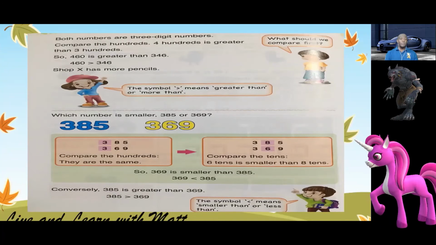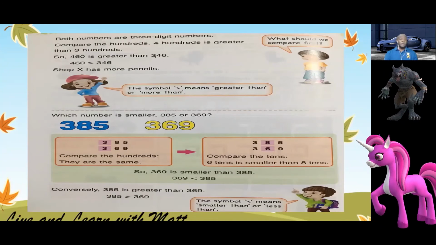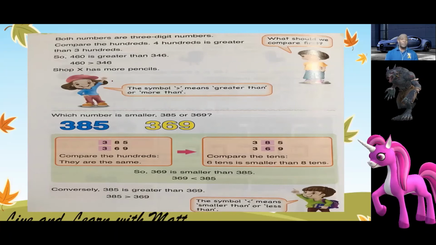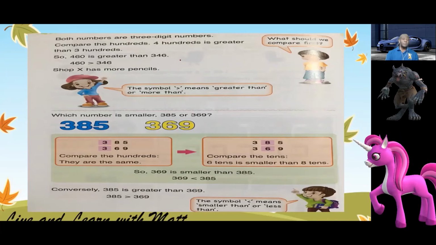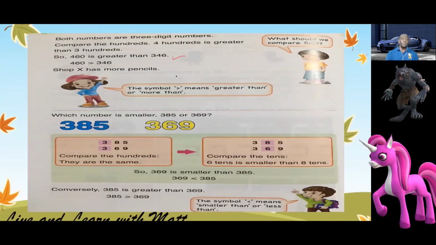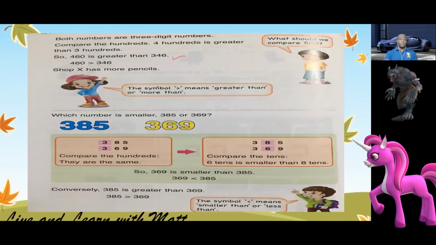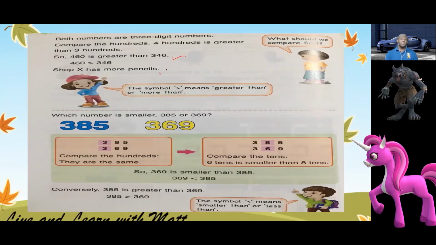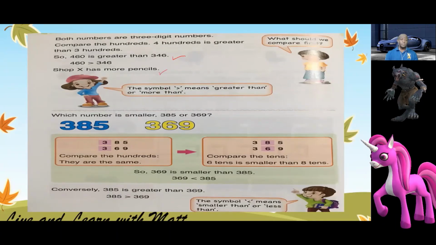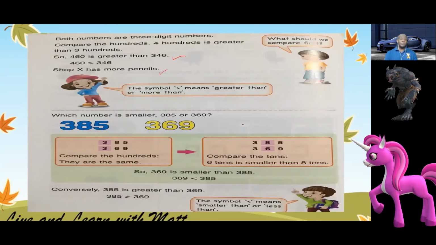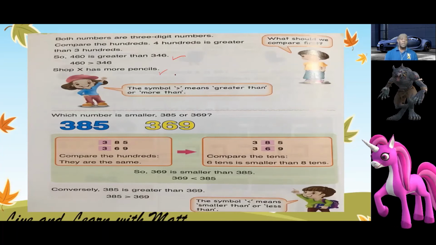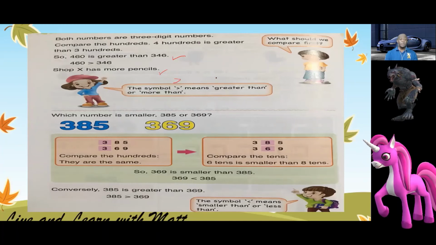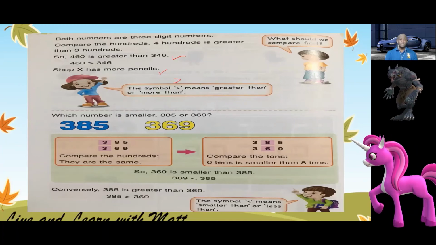Both numbers have 3 digits. The 400 is greater than the 300. So therefore 460 is greater than 346. Shop X has more pencils. This symbol is greater than or more than.